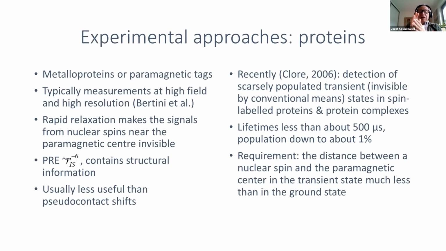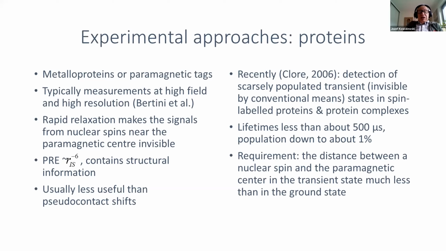And there are basically two types of measurements. You either measure on metalloproteins, which contain a paramagnetic metal, or you can bind a paramagnetic tag to your protein and put your paramagnetic metal in this tag.